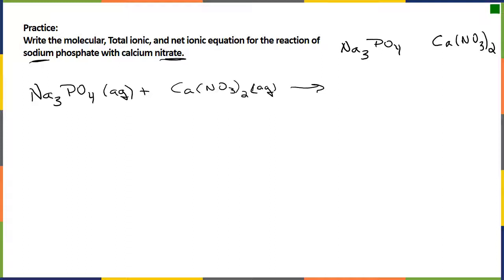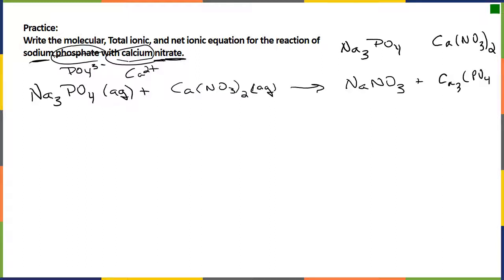Well, sodium nitrate, we know that sodium is +1 and nitrate is -1, so it's going to make NaNO3, and then what's left over is calcium and phosphate. Well, to write the formula correctly, we have to remember that calcium is 2+ and phosphate is 3-, and the formula for calcium phosphate is going to be Ca3(PO4)2.